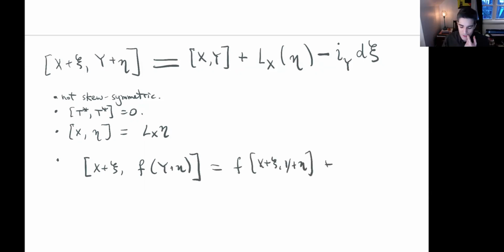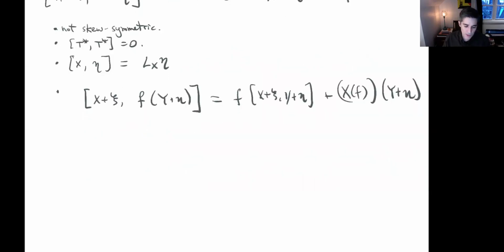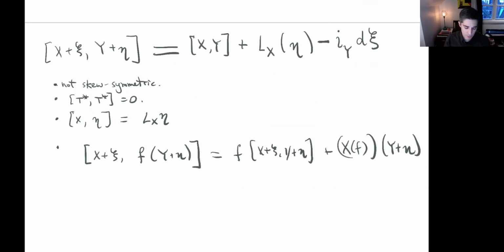There's a derivative of f along X times Y plus η. But this is not skew symmetric, so there's a different law.